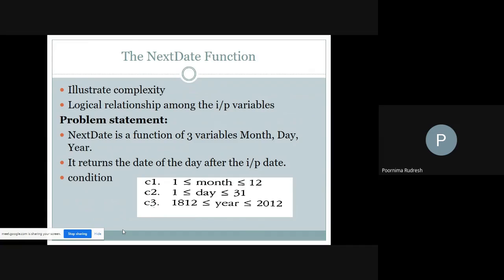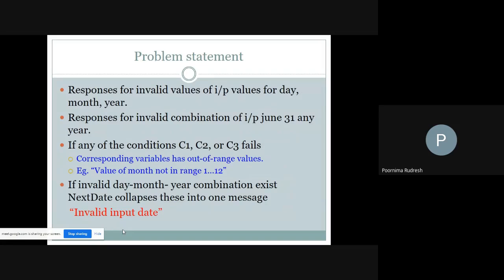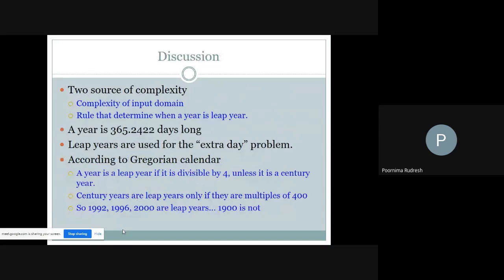Okay, if any one of the conditions fails, then the program will give the error message as invalid month or invalid day. Okay, so these conditions are defined here, and here, as I said, we have two complexities. One is the complexity of the input domain, and the second one is the complexity to determine the leap year.